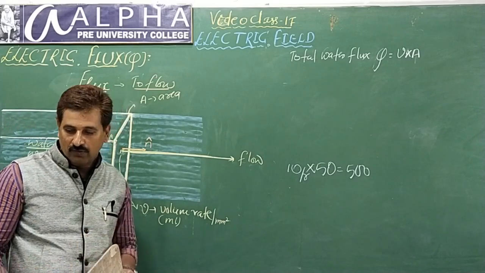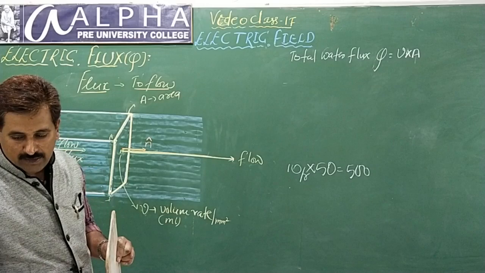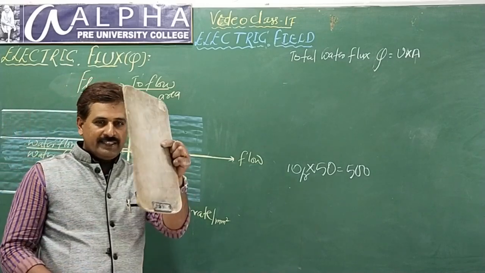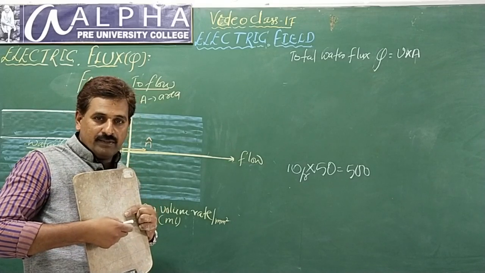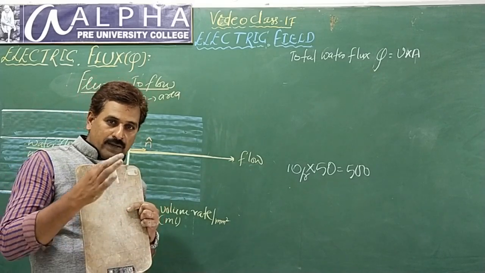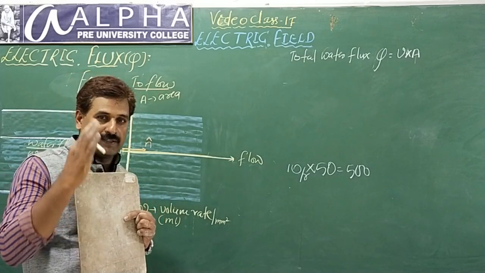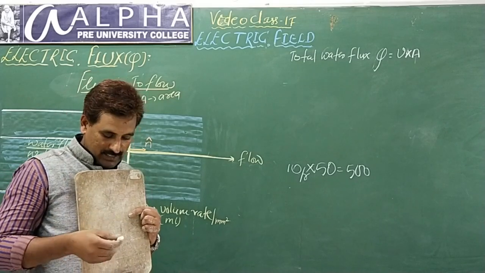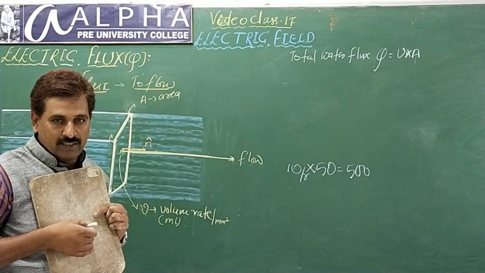Yes, we'll know that. Now you just think like this before I come to that point. See, this is the area of cross section. Now I have assigned direction to the area. If I consider area in this direction, our explanation will be more clear and precise. Students, I am assigning direction to the area. How?